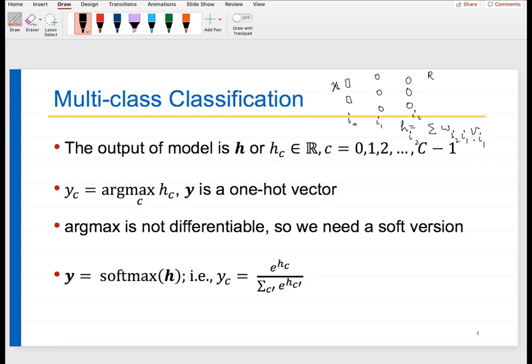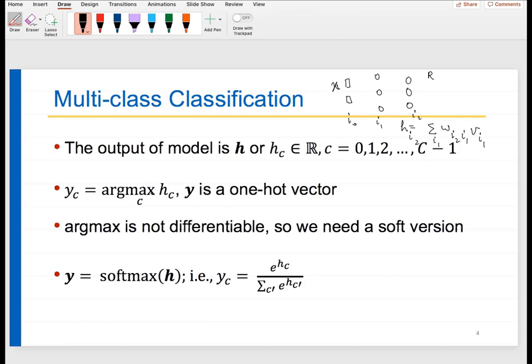So let's say my V already includes the bias also. So summation over all i1. Right, my H is that linear mapping.